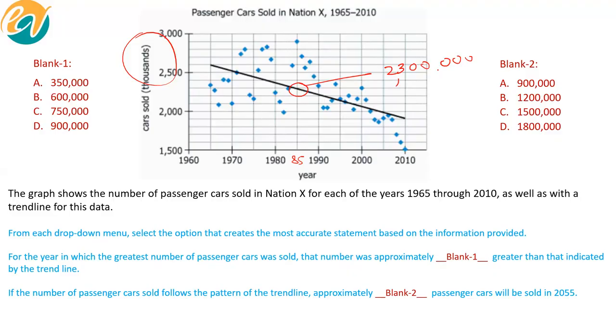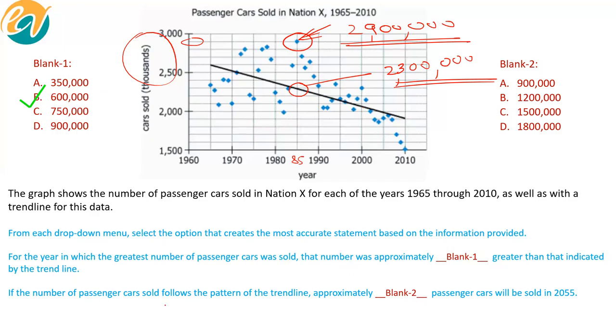So essentially 2.3 million, while the actual number of cars sold was how much? How much is this? 2,900,000, correct? So clearly this is 600,000. This is 600,000 more than this. Okay. So 600,000.